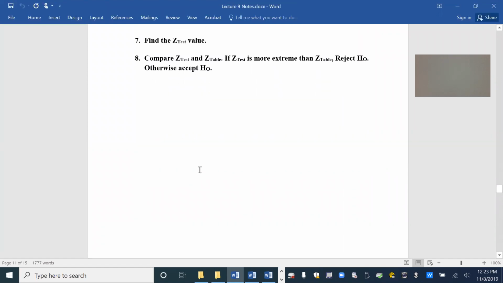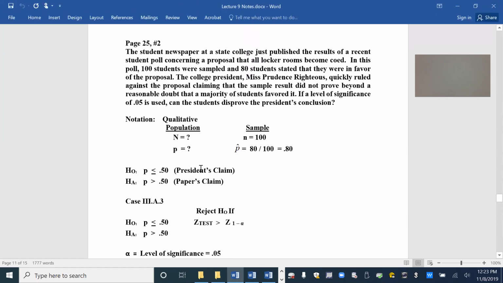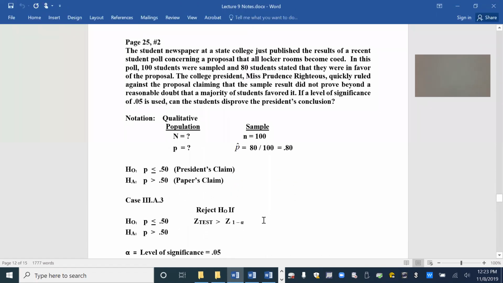All right, let's show you that you know how to do hypothesis testing. The student newspaper at a state college, I didn't put CSUN in there because I don't want to be sued, just published the results of a recent student poll concerning the proposal that all locker rooms become co-ed. Whoa, I'm for that.